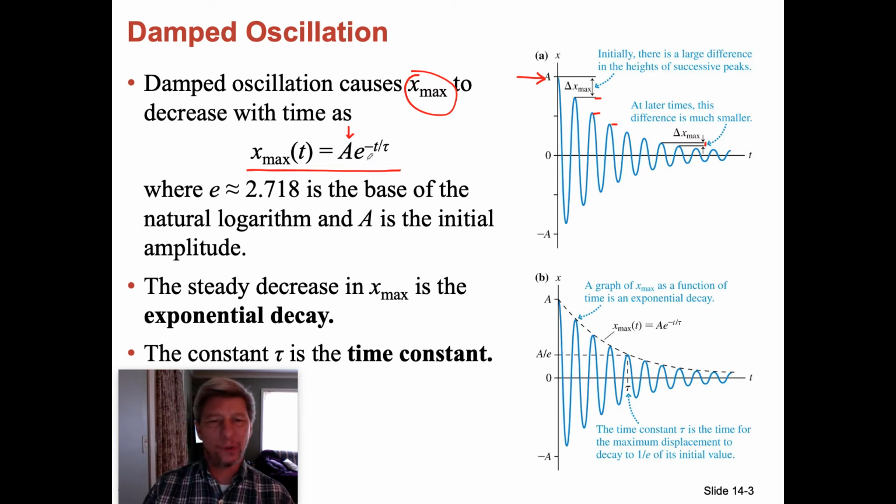I hope you've learned some of this. Times the exponent value negative t over tau. Now, the t simply represents the time that's gone by.